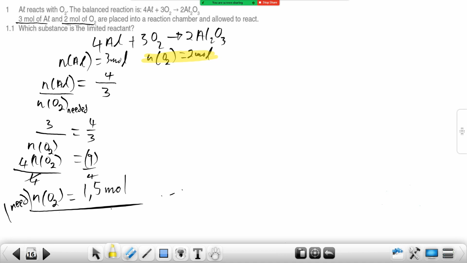But to use aluminium completely, we only need 1.5. So I have 0.5 mole of oxygen left. So what does this say? It says oxygen is in excess because I still have the 0.5 that did not react.